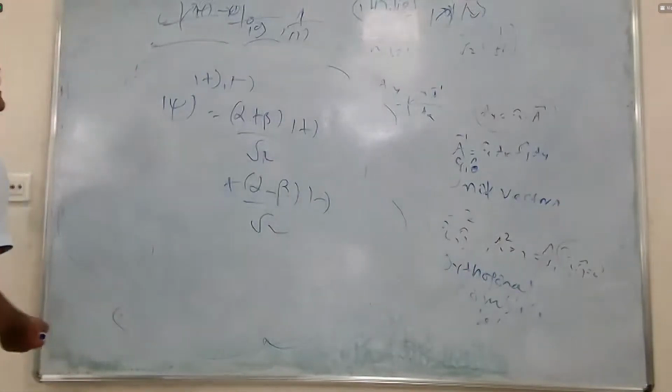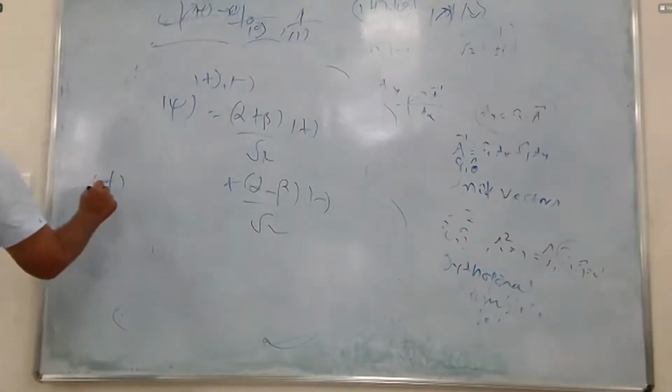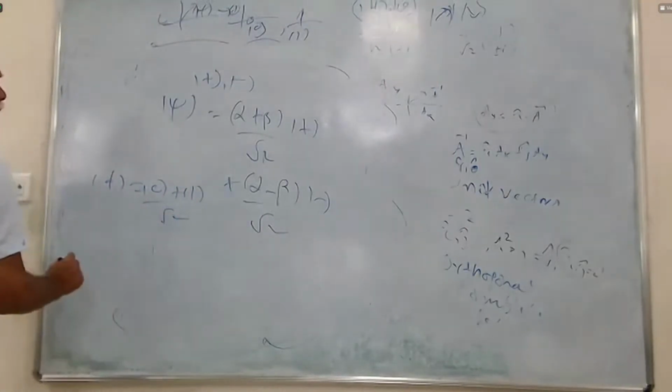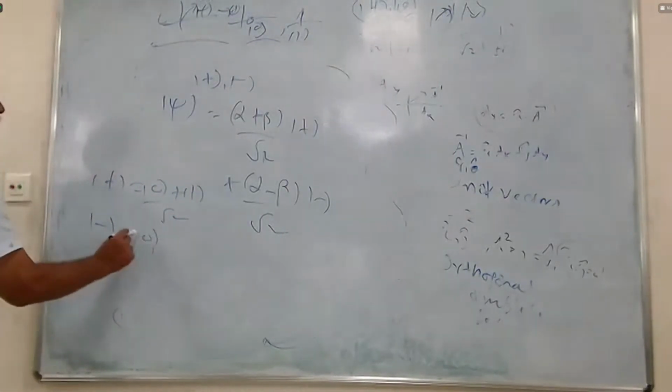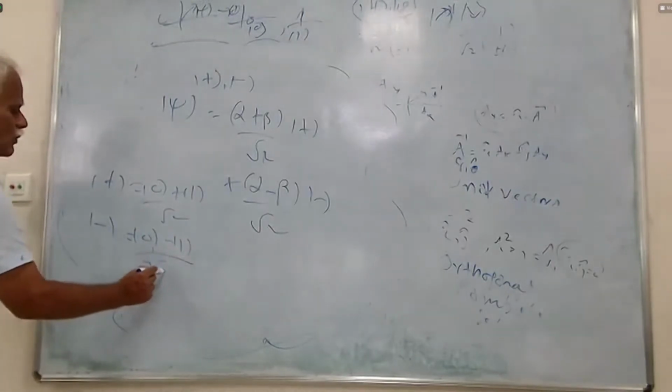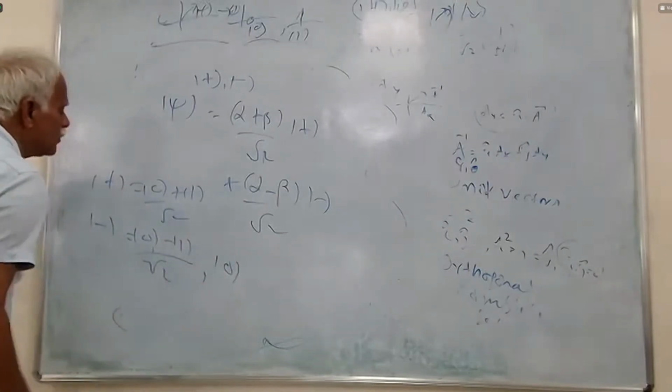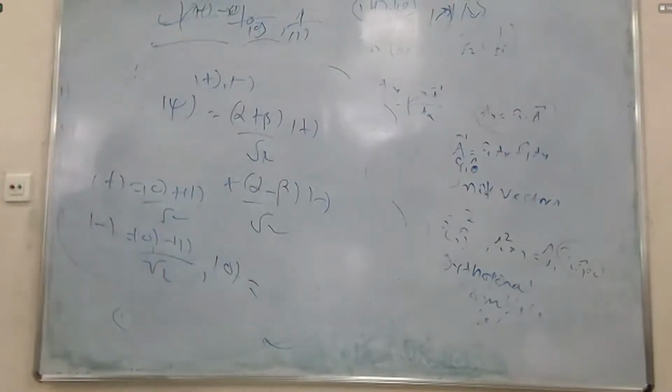All I will do is what we like. Cross take it 0 plus 1 and minus take it 0 minus 1. So what do I do? I find 0 in terms of plus minus. 0 is equal to R10. How much is that?